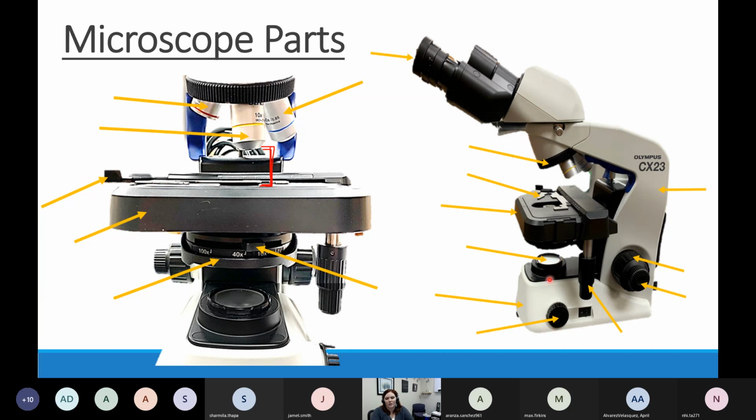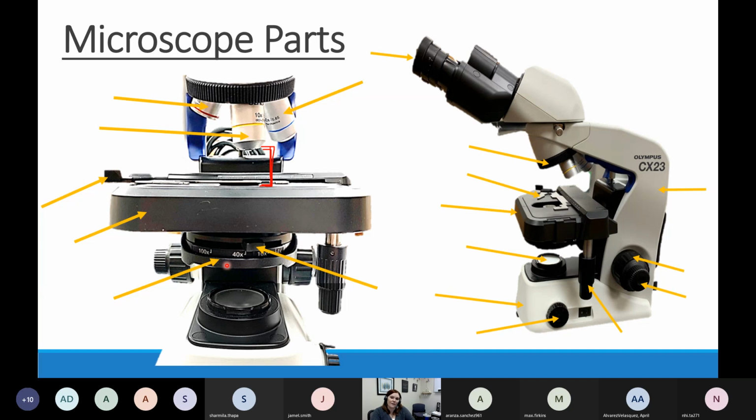So it's kind of a crude way to change the amount of light that is available to potentially light up your slide. The better way that we change the amount of light that is going onto our slide is using this thing right here. So this whole thing that we see hanging out underneath the stage is something called the iris diaphragm.